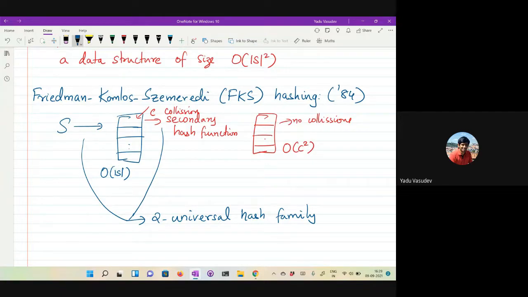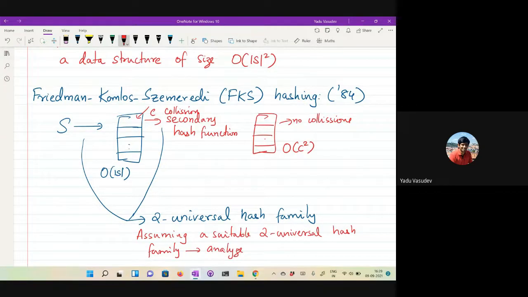There are a couple of things. One is how do you analyze this, assuming you have a suitable two universal hash family. You need to analyze this, and then you also need to show that there is a suitable two universal hash family which we can actually use for the two levels of hashing, right?